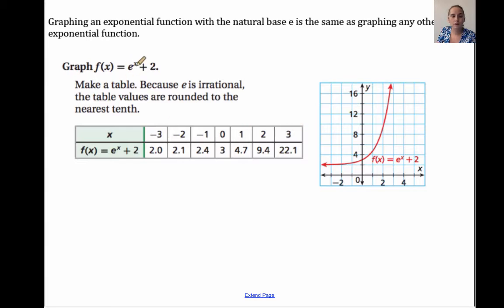When you plug it in, of course, because e is irrational, you're going to have to round. So figure out what e to the value is, whatever you picked, and then add 2 to it and round it. Of course, they got this shape here. You just plot the points just like you would graph any other exponential function. Okay? All right, let's move on.